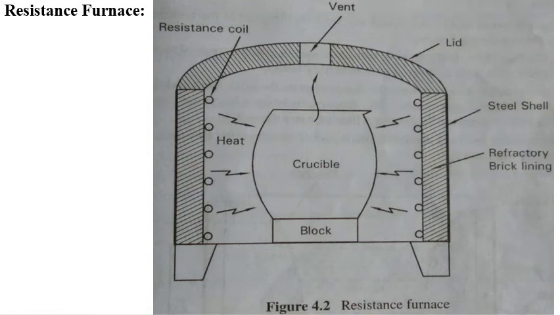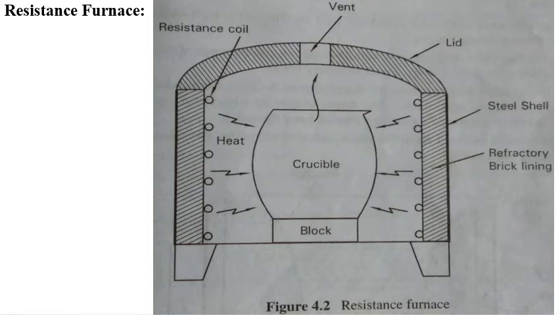Next, the resistance furnace. This is the next type of furnace used in the foundry. In the resistance furnace, you put it above the ground level. You can see this is a mild steel shell surrounding it, an MS steel shell. Inside that shell there will be a refractory lining. Refractory bricks are used to construct the lining. The top end of this furnace is covered with a lid, a cover plate.